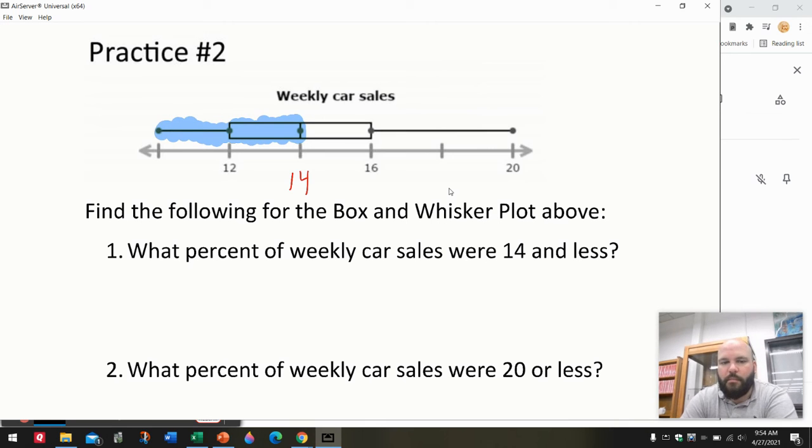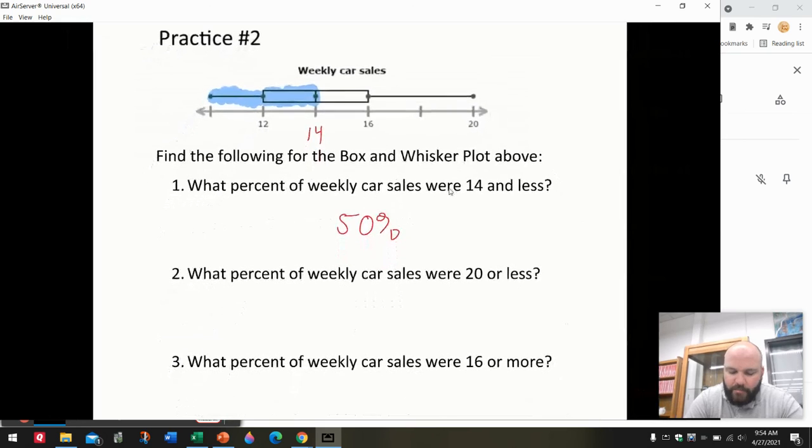Well, what you should be able to see is that we started at the median, or the middle number, which is 14. So if we're starting at the middle and going all the way to one side, we should realize that that is half of all of our data. So because they're talking about half of all of our data, that would be 50% of all of the data.